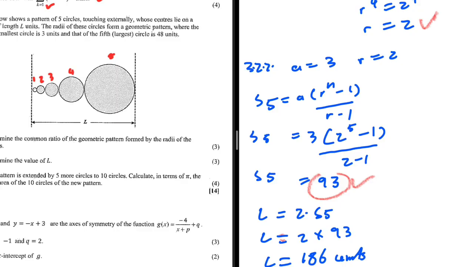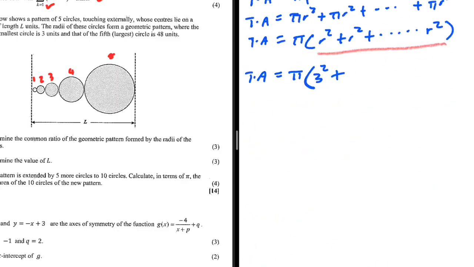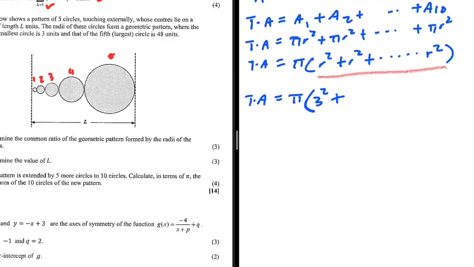So we have 3 times 2 to the power 1 for the second circle. So 3 times 2 to the power 1, we get 6 squared. So let's have that there. So we have 6 squared plus 3 times 2 to the power 2, that is 12 squared, plus 3 times 2 to the power 3, that is 24 squared.